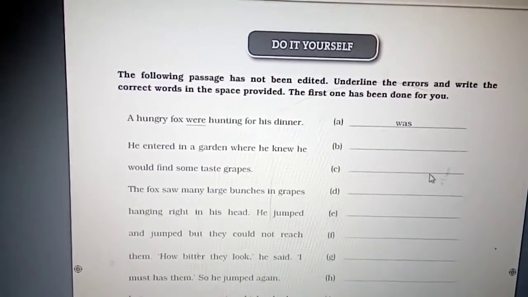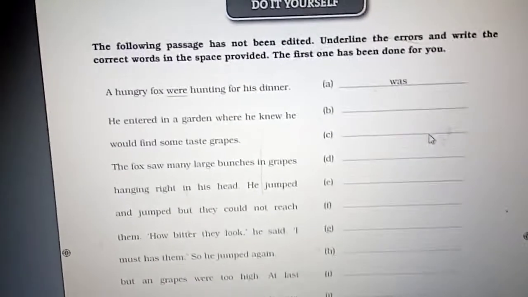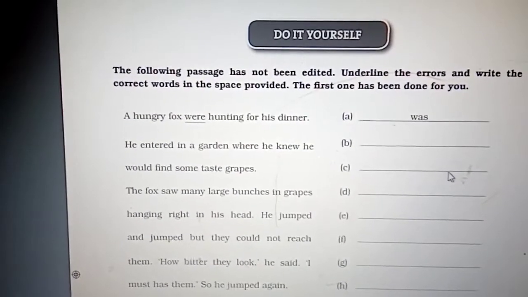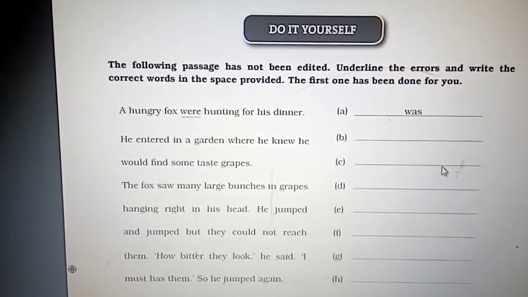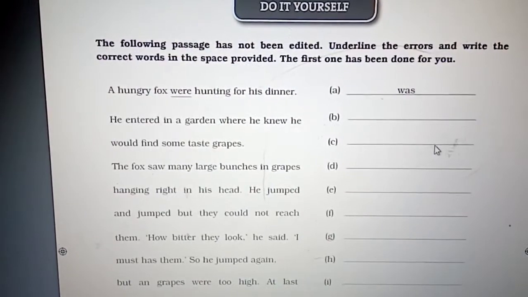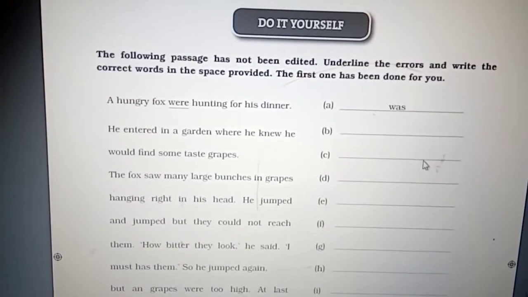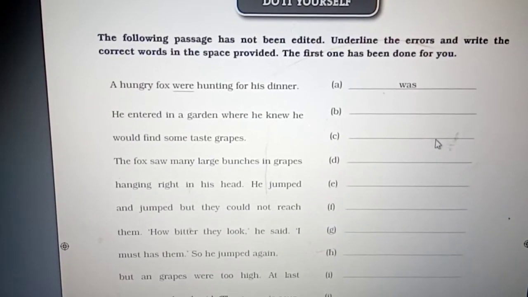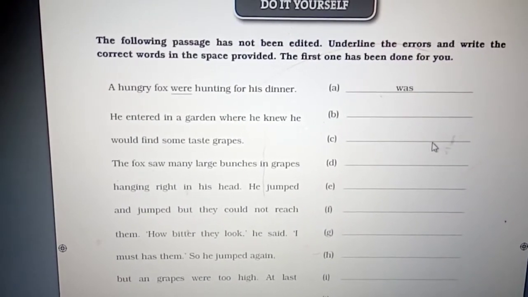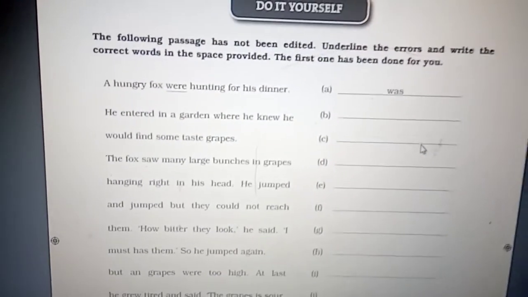This is a passage given to edit. There are some errors in this passage, and you have to find the errors and make the corrections.